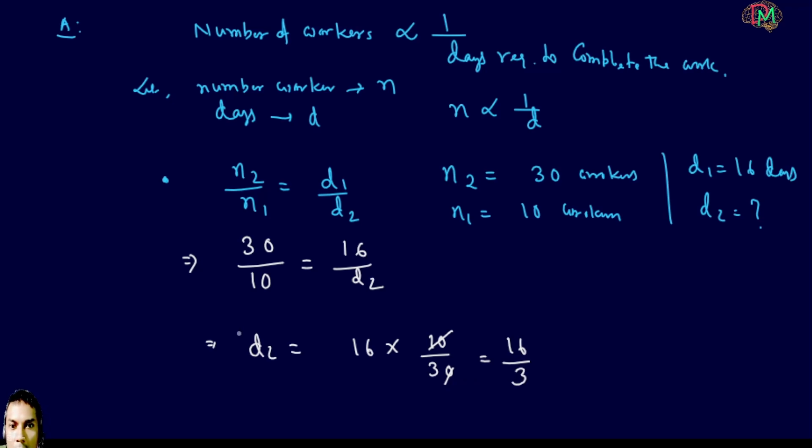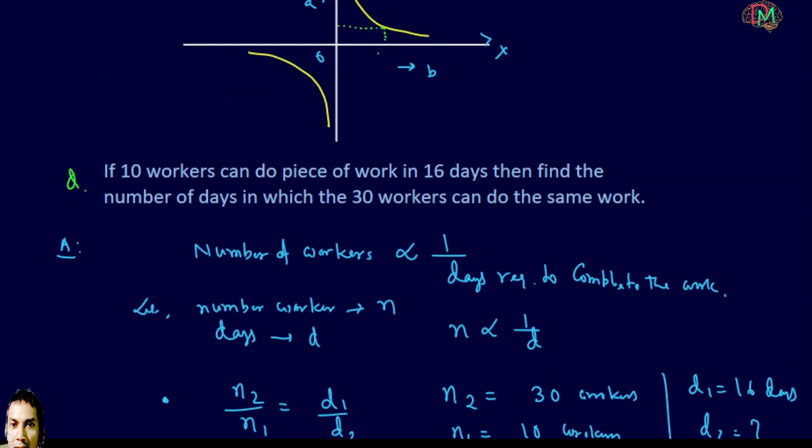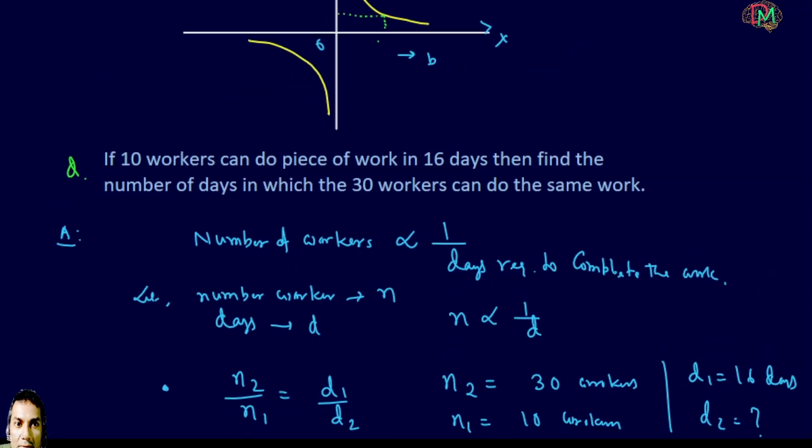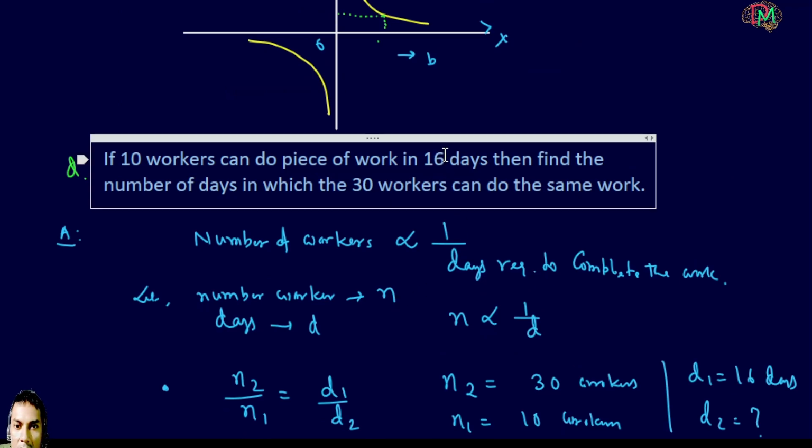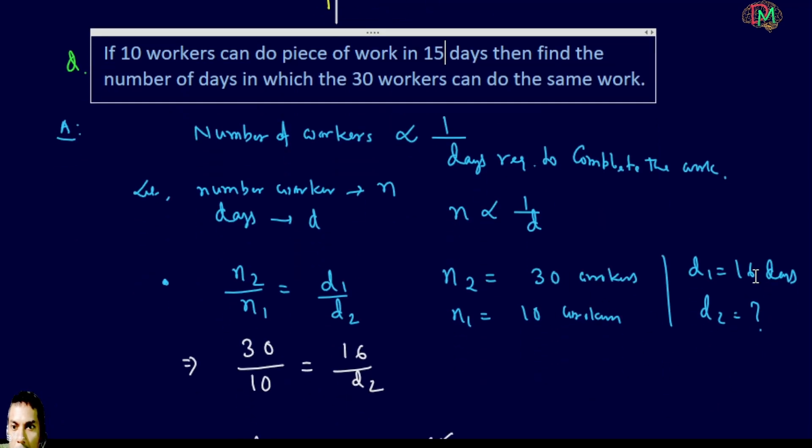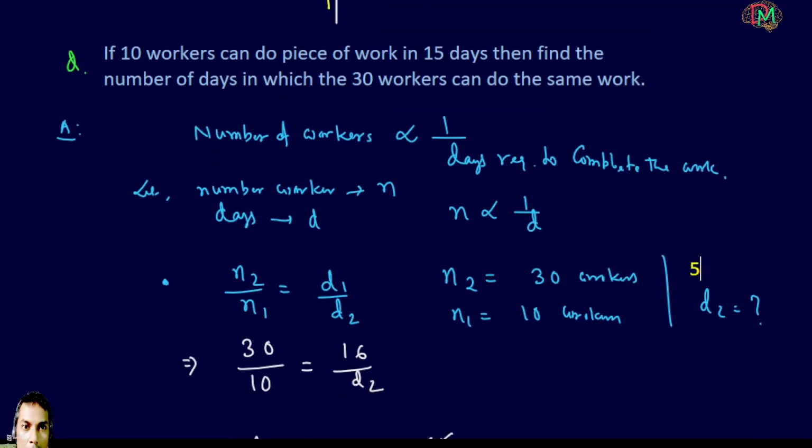Now for our convenience, if we consider the days as 15, then we get a round figure. So let's assume it is 15. Sorry, this is 15. We change the d1 value to 15.